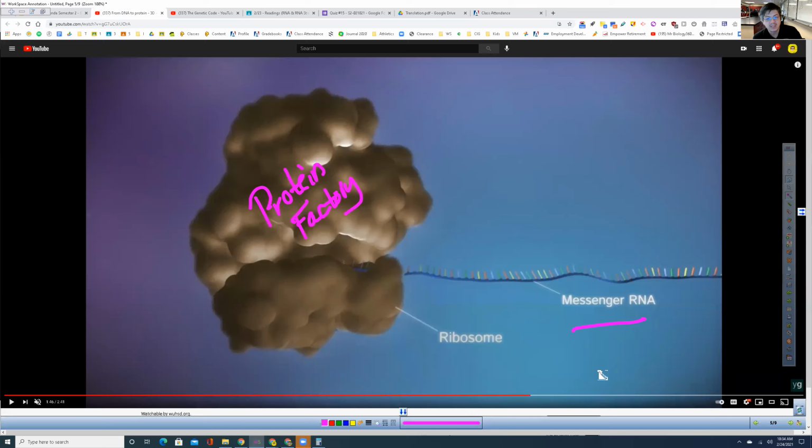We got our messenger RNA, the instructions, and now this protein factory is going to produce the protein that we need by following these instructions. And this is the part that we're going to talk about next time. So make sure that you guys kind of digest this. Any questions with respect to today's material? Any questions, concerns? All right, good job.